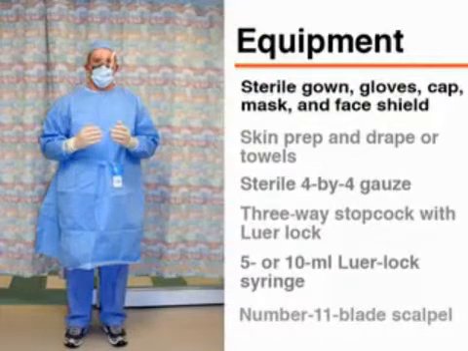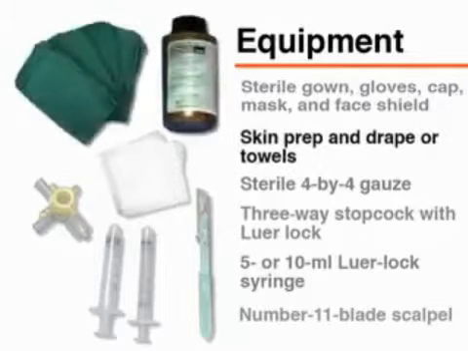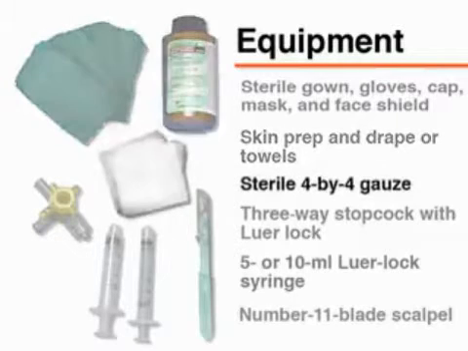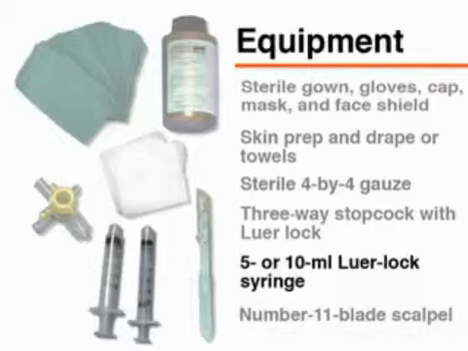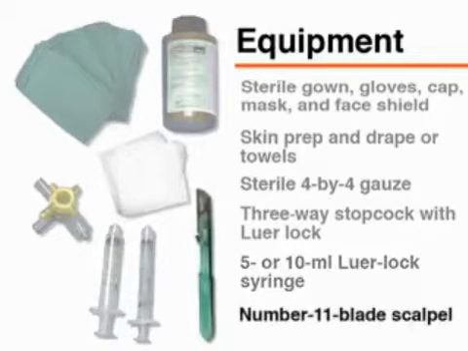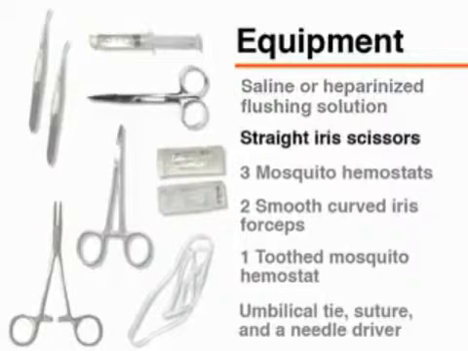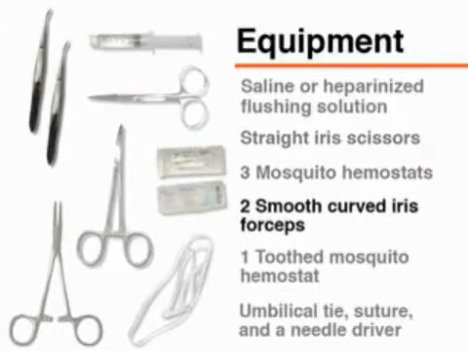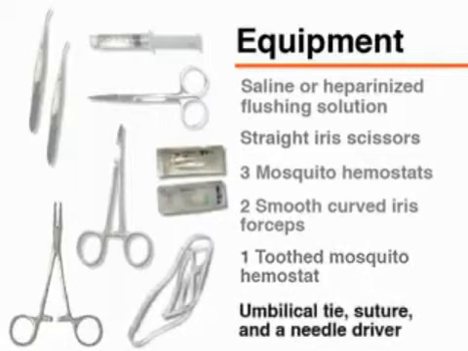In addition to these items, most of the equipment can be found in commercially prepared kits and should include skin preparation solution, a surgical drape with central opening and or sterile towels, sterile 4x4 gauze, a 3-way stopcock with a luer lock, one for each catheter port, a 5 or 10 milliliter luer lock syringe, one for each port, a number 11 blade scalpel, saline or heparinized flushing solution, straight iris scissors, 3 mosquito hemostats, 2 smooth curved iris forceps, 1 toothed mosquito hemostat, an umbilical tie, suture, and a needle driver.